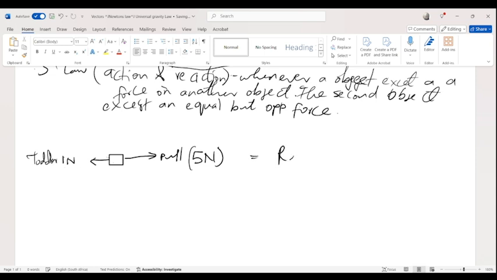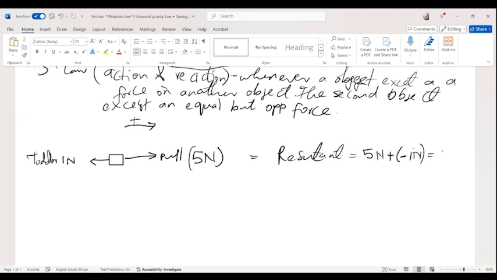Now the resultant force will be, remember we are dealing with vectors. Whenever we talk about vectors, there must be a magnitude and the direction. We have to choose the direction. Let us choose this direction as positive. You must always choose the direction. If this direction is positive, it means we will have 5 newtons plus, we are adding negative 1 newton.